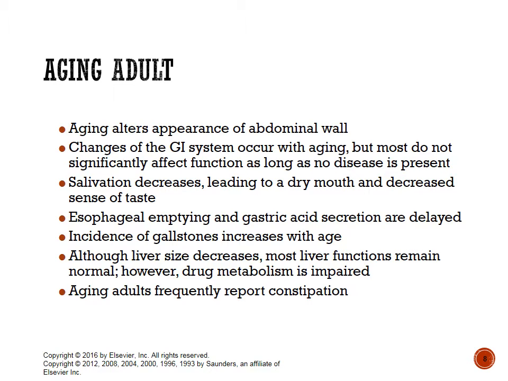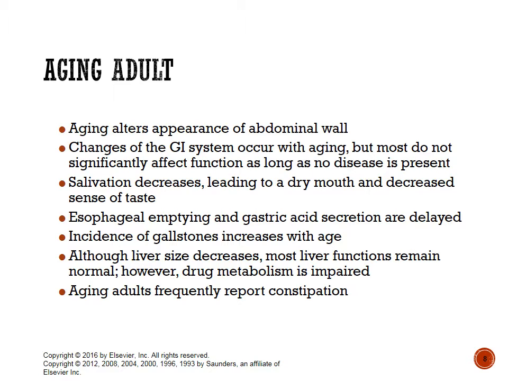Looking at the aging adult, the elderly patient, we do see the abdominal wall change slightly, not as much muscle, and sometimes not as much subcutaneous tissue in that area, sometimes more. With the GI system, they typically have less salivation, so they don't usually have the need for thirst like younger individuals do.